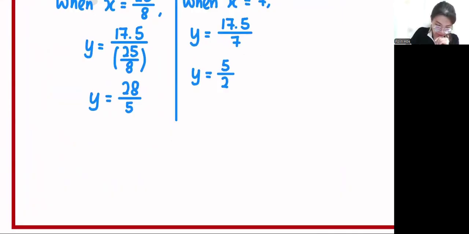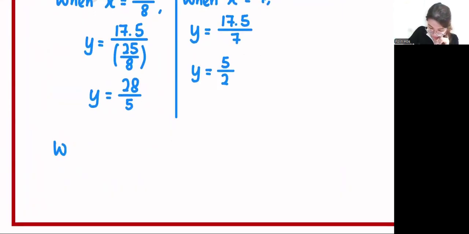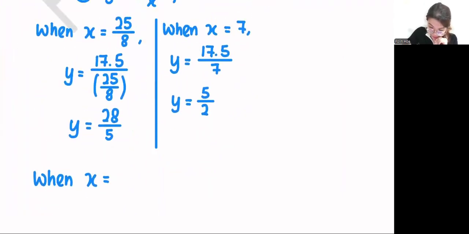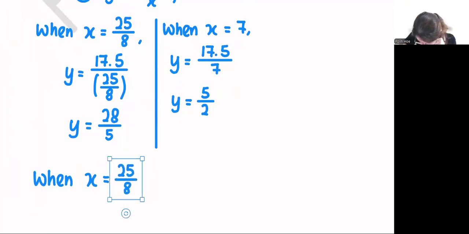Not finished yet. When x equals 25 over 8, y equals 28 over 5.